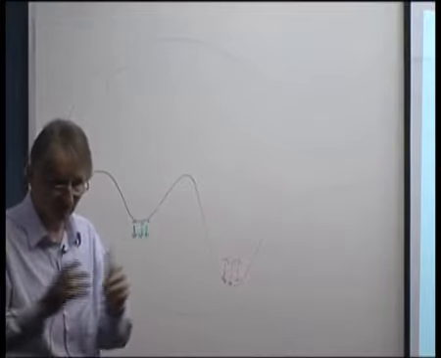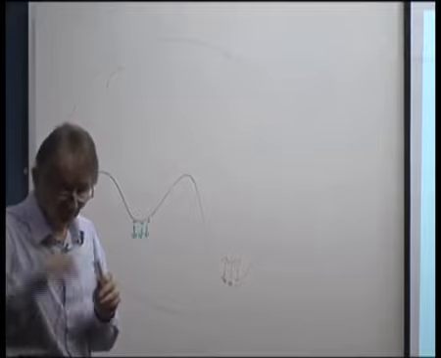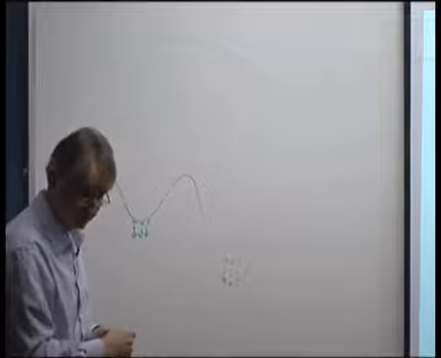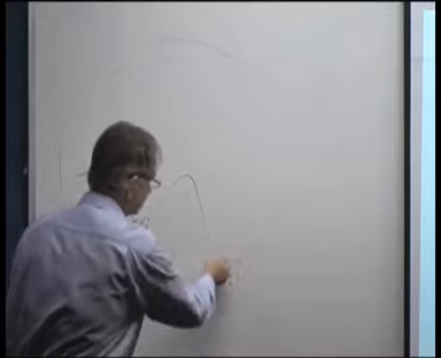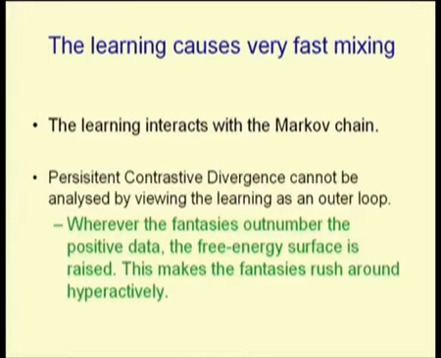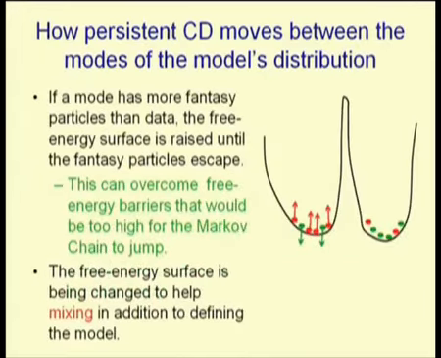The Markov chain can have a horrible mixing rate, but if you put it in this learning loop, nevertheless these guys will spill out. So it'll get over barriers that are hopeless for the Markov chain. So I've pretty much said all these slides say. Oh, I have the same picture, right. So you can see here there's more data, here there's more fantasy particles. So this one will go up until they spill over into there.